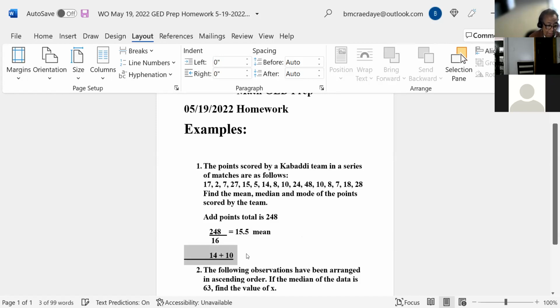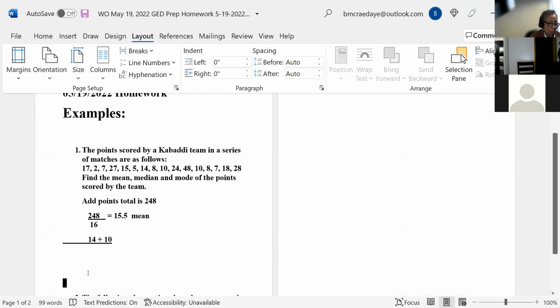And then you get that average, which means you divide it by 2, right? Yes. And that's how you got the 12. So 14 plus 10 divided by 2 gives you 24 over 2, and that's 12. That's the median. So you had that one right.